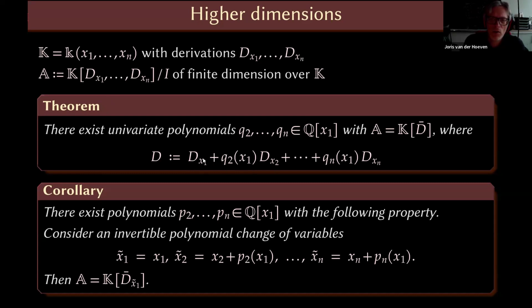So basically, one of the derivations is just dx1, and then the others are polynomials in x1 times the others. And dually, this corresponds to a change of coordinates that we can see here.